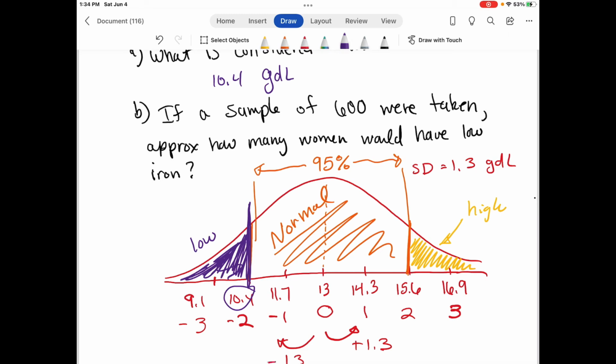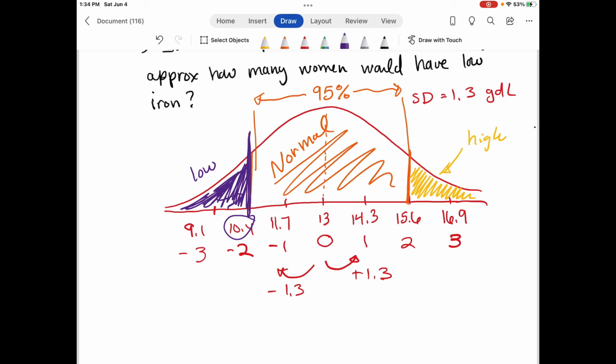The next part says, if a sample of 600 were taken, approximately how many women would have low iron? Well, we know that from here to here in the normal range is 95% of the values. So that means the high and the low together in total have to represent 5%.